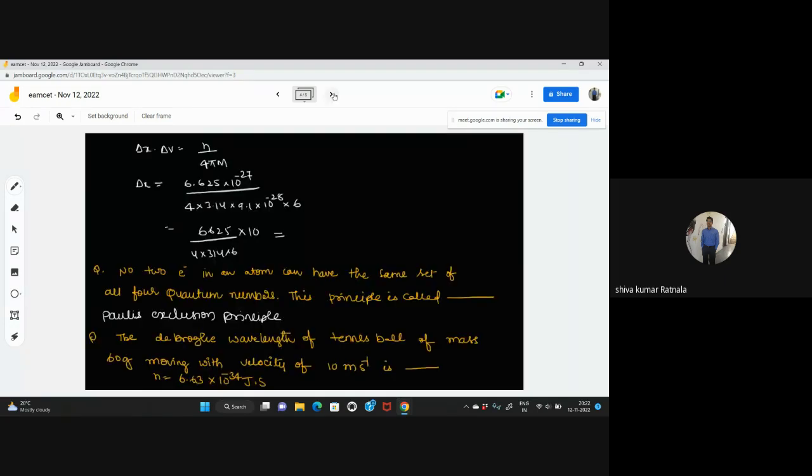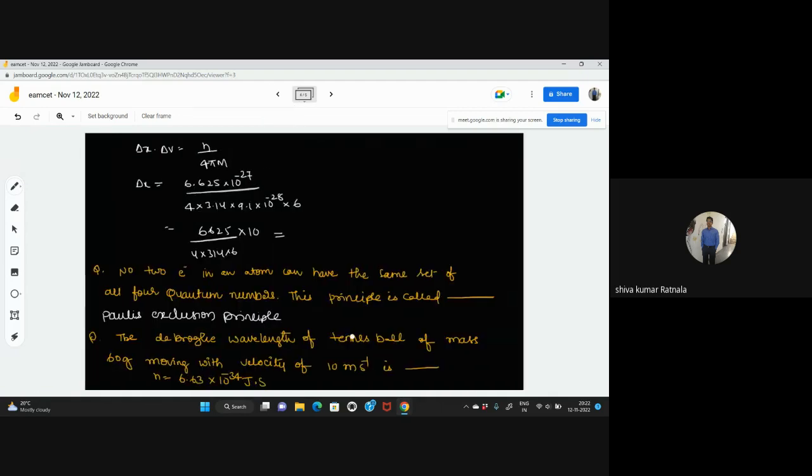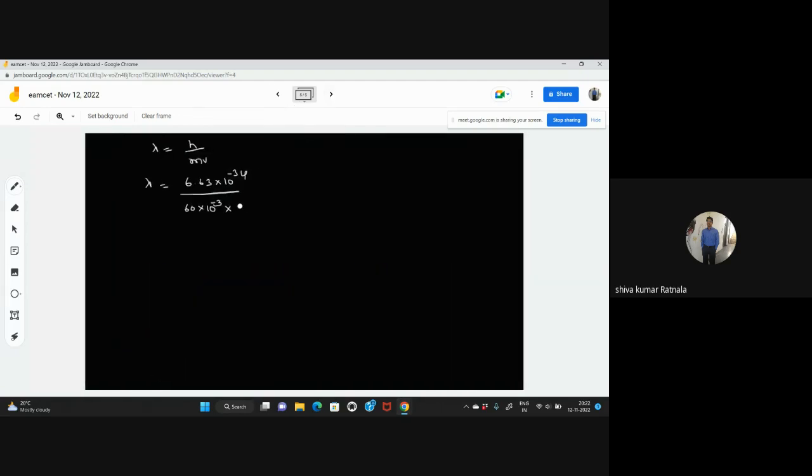So lambda is h value 6.63 into 10 to the power of minus 34 by what is the mass given? Mass is 60 grams, no? So 60 into 10 to the power of minus 3 kg. Okay, this is taken in joules, no? Into velocity how much? 10 meters per second.